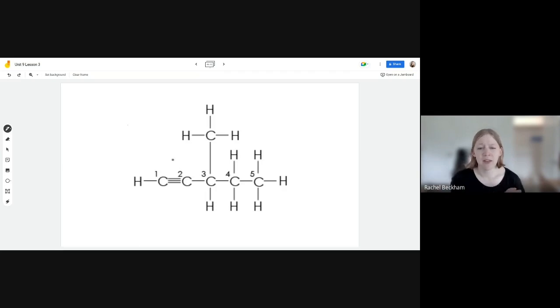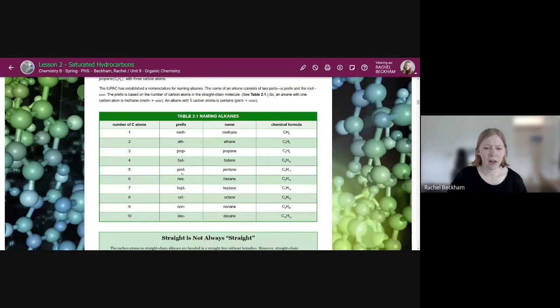So let's find the parent branch of carbons. So here is our parent chain right here. And we can count those carbons. There are 5 carbons. And so the prefix for 5 is penta or pent, as we can see. Hold on, let me share this tab. The prefix for 5 is pent.